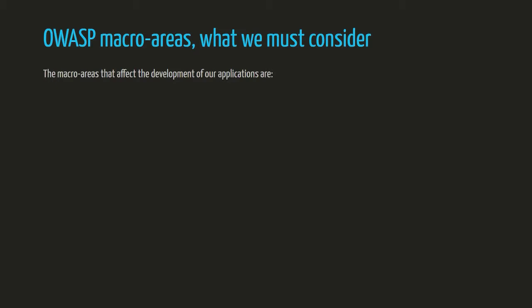During the development of our applications, we have to take care about 8 security macro areas. And for each of these, we will try to deepen by seeing some known problems. The first one is securing session and authentication. And then we have cross-site scripting that enables attackers to inject client-side scripts into web pages viewed by other users.